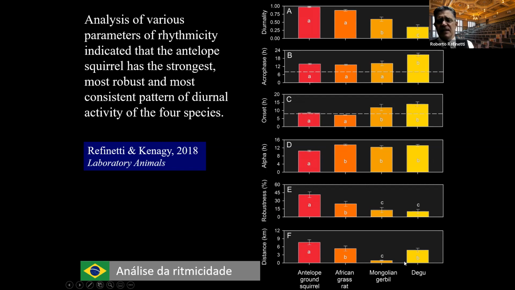And finally, the distance that they run each day. Of course, it depends on what you provide them with, but wheels are different sizes. An antelope ground squirrel runs about, on average here, 8 kilometers each day. For many of us humans, running 8 kilometers a day would be great exercise.